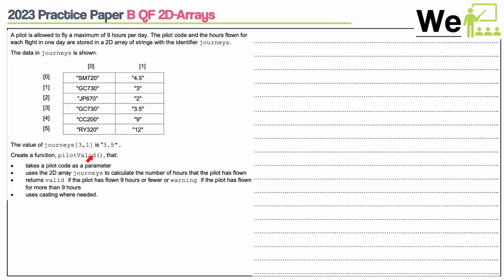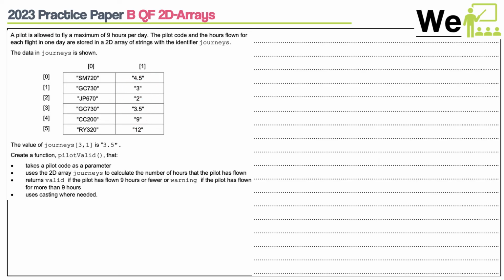Create a function pilot valid, so I have to declare that. Takes in the pilot code as a parameter, so a single parameter. Then it's going to go through the journeys, this one here. And then as it goes through, it's going to look for everywhere where it finds that code, and it's going to need to add these numbers. Now, these should be integers, but you see they're strings.